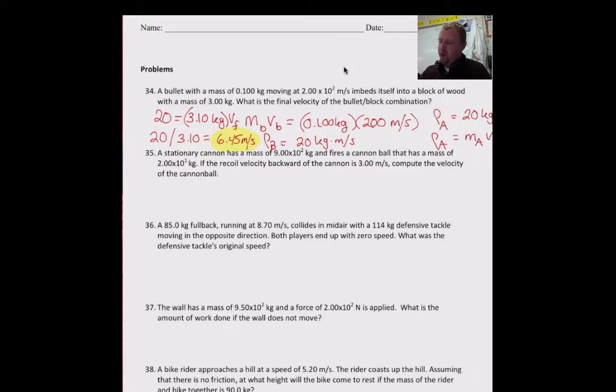So in this particular situation, we're going to start by finding the momentum of the cannon moving backwards. The momentum of the cannon is equal to the mass of the cannon, which is 900 kilograms, times the velocity of the cannon, which is 3 meters per second.